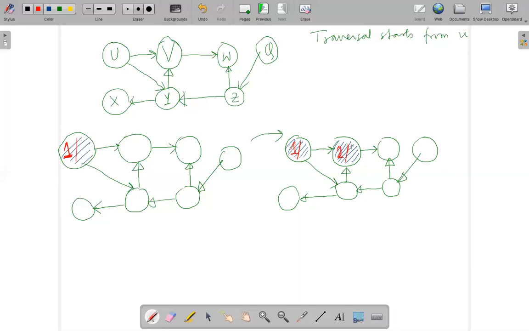We don't know the finish time. Okay, now in the next step, from V we have only one edge to explore, that is VW. So we will explore that and go to the next state of the graph.